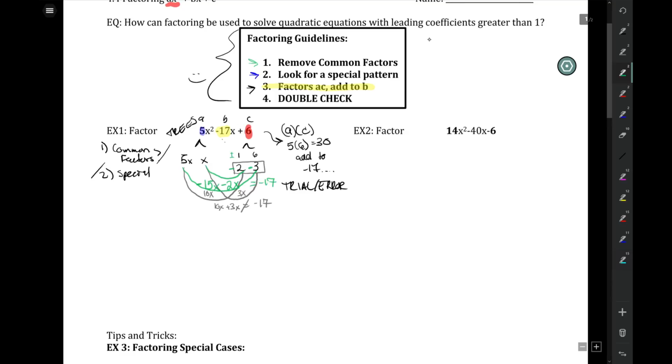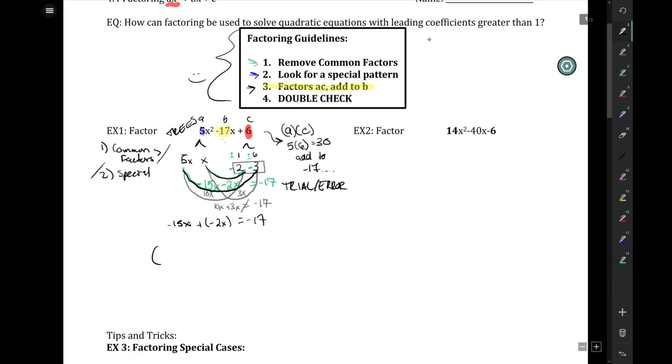So again, all of the positive and negative stuff comes into play. But just to be sure, again, 5x times negative 3 was negative 15x, and x times negative 2 gives you your negative 17.